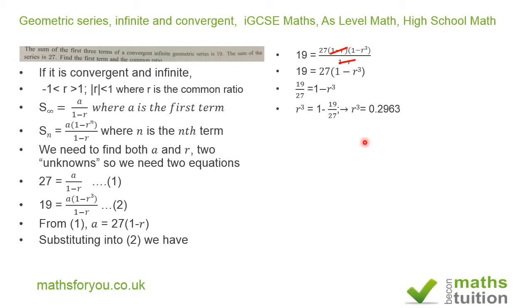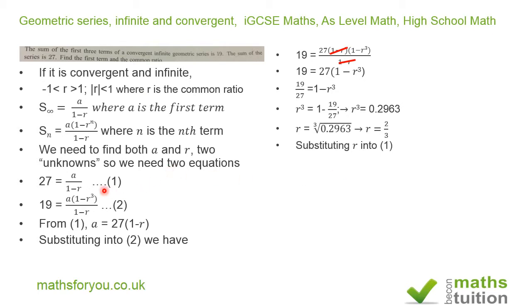So that gives r cubed 0.2963 and so on. If we then take the third root of both sides, we then have that r is equal to 0.2963 raised to the power of a third. Okay. So that gives us r is equal to 2 over 3. So the common ratio is 2 over 3.